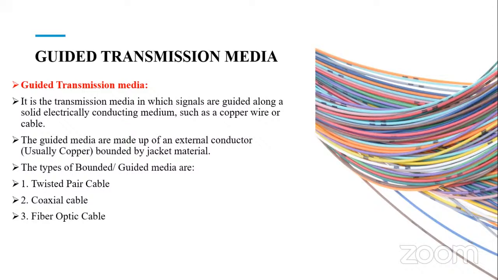Friends, if you go through this topic, you may get a short answer question asking you to explain about twisted pair cable, or explain about coaxial cable, or explain about fiber optic cable. You may get any short answer from these three, or you may get a long answer, explain about guided medium and unguided medium. Or simply they may ask to explain about guided medium. In guided medium, we have three types.